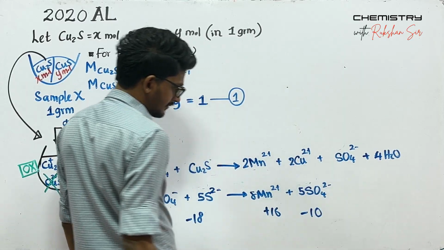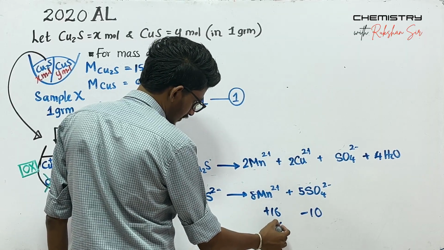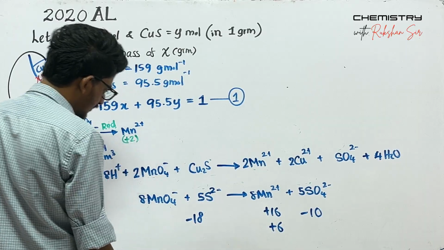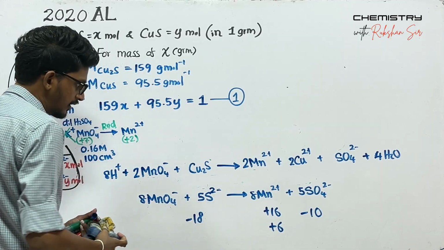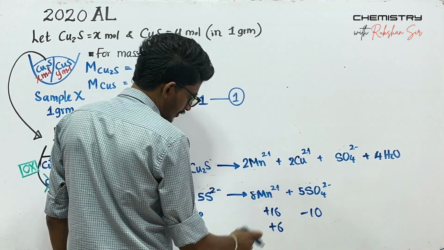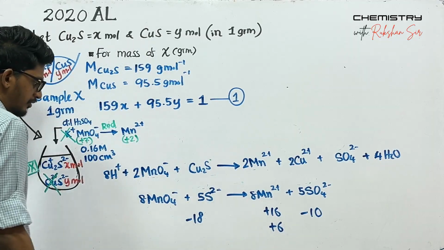That is plus 6, no? Plus 6 here, minus 18 here, right? So altogether 24 units of difference, right?